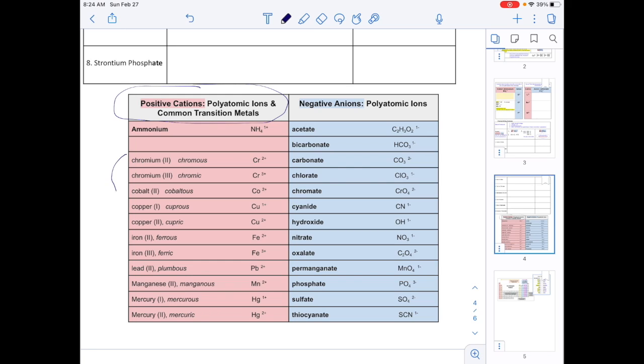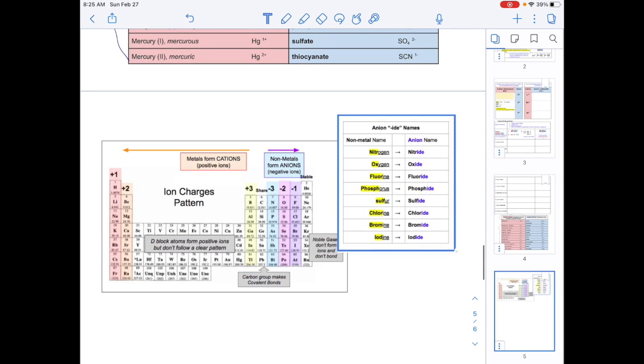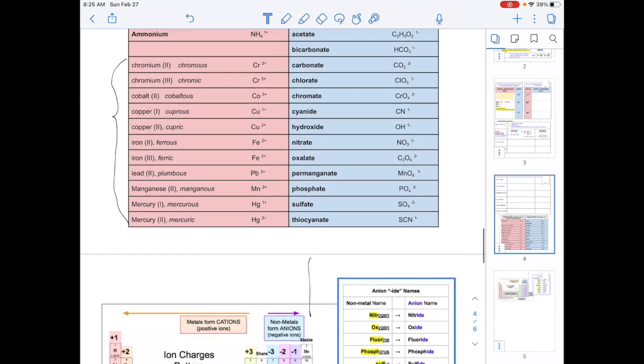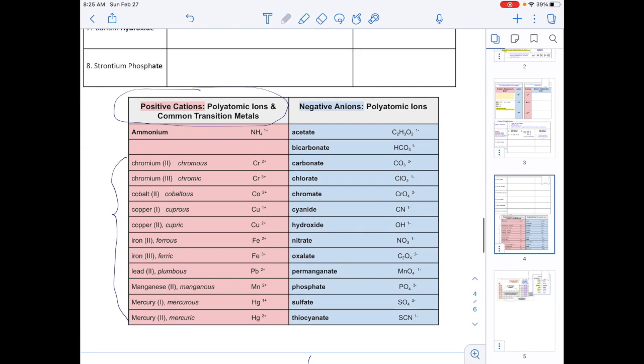So these here we're not going to use today. Those are just some transition metals, the metals that are in the middle of the table that we haven't really talked about much. They are in this part of the table. They don't really have a pattern to their charge, so we just have to look them up here. But for today, we're not worrying about those.